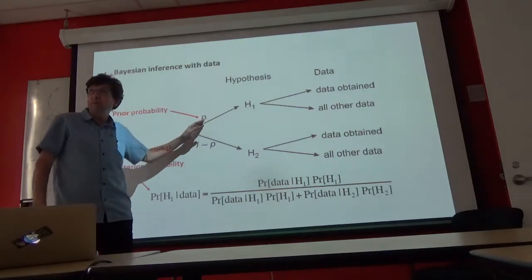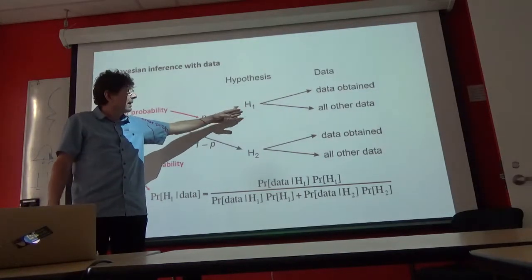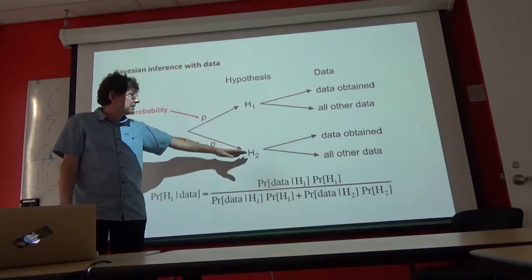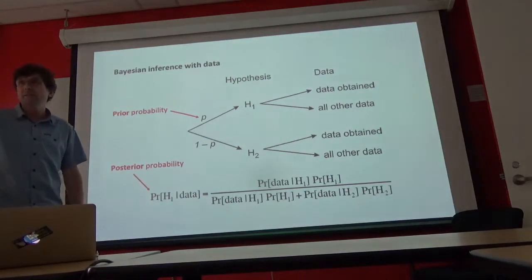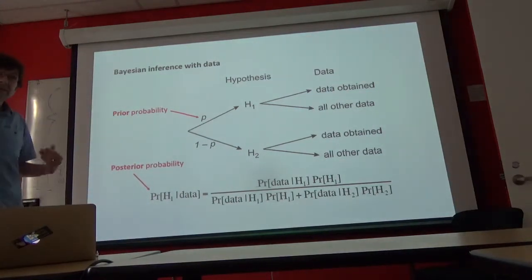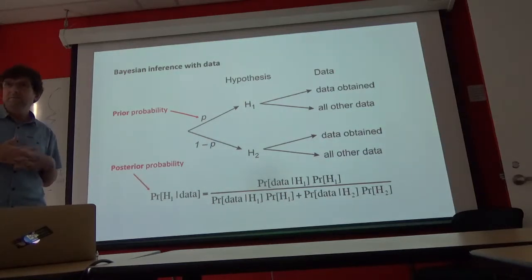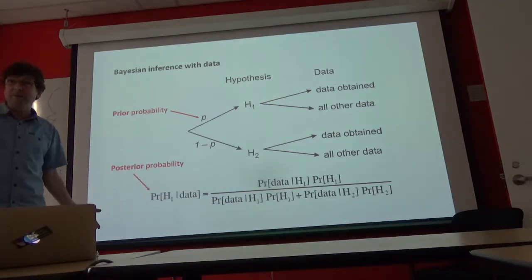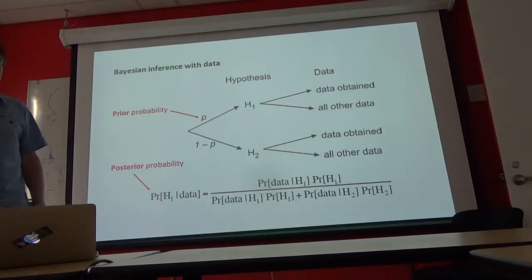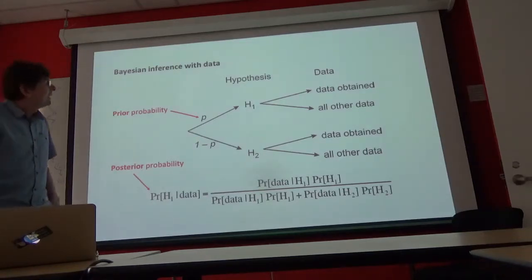There's a certain prior probability that hypothesis 1 is true, and a certain prior probability that hypothesis 2 is true. That basically says that the hypotheses are random variables. And yet this makes no sense in the framework that we're more accustomed to, which is that either hypothesis 1 is true or hypothesis 2 is true. It's up to us to figure out which and to gather evidence.